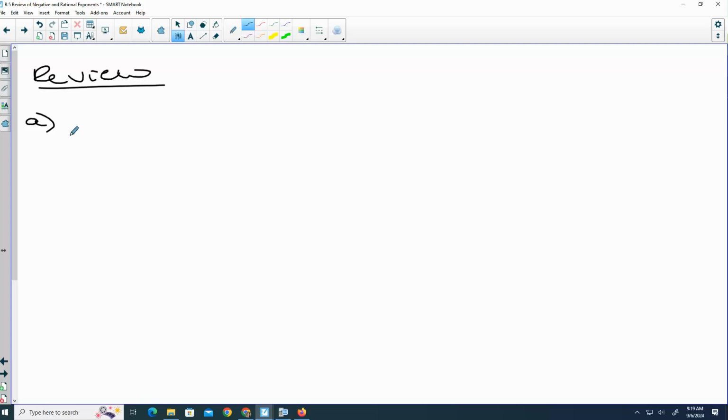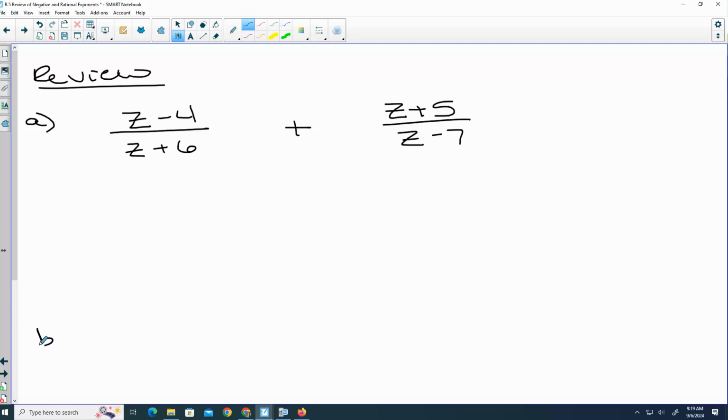First problem. Z minus 4 over Z plus 6 plus Z plus 5 over Z minus 7. I'm going to put 2 up here. I want you guys to go ahead and try.